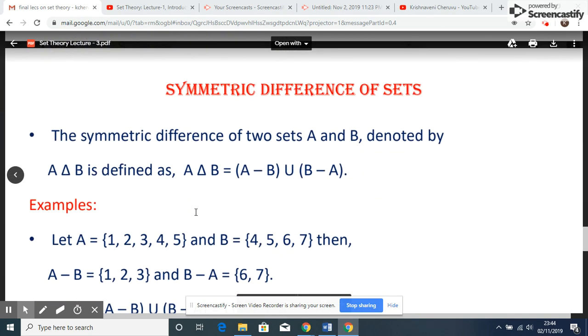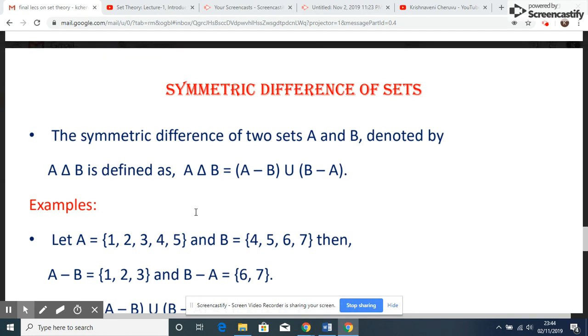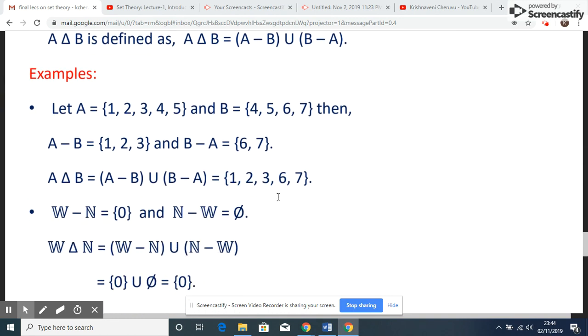Now, symmetric difference of two sets. If A and B are two sets, then their symmetric difference is union of A minus B and B minus A. See, here in this example, A is the set with 1, 2, 3, 4, 5. B is a set with 4, 5, 6, 7.